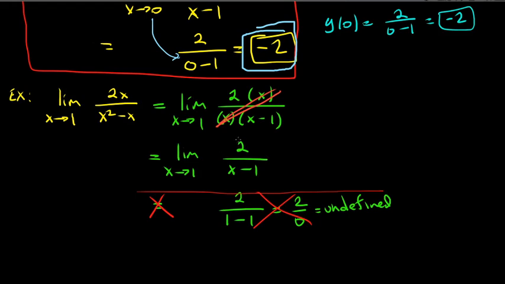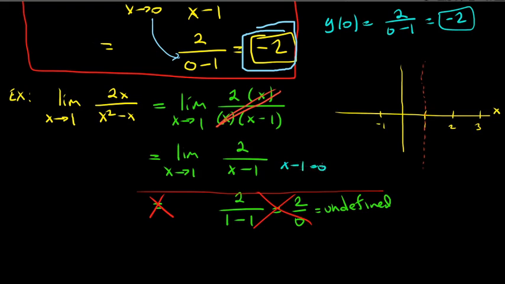Well, now we kind of have to go back to the last section. What can we do? We can use a table or we can use a graph. I'm going to use a graph. So here's x equals 1, x equals 2, x equals 3, and so on. To do the graph, notice that the denominator is 0 when x equals 1. And if you remember from your pre-calc days, when the denominator is 0 at x equals 1, this gives you a vertical asymptote.